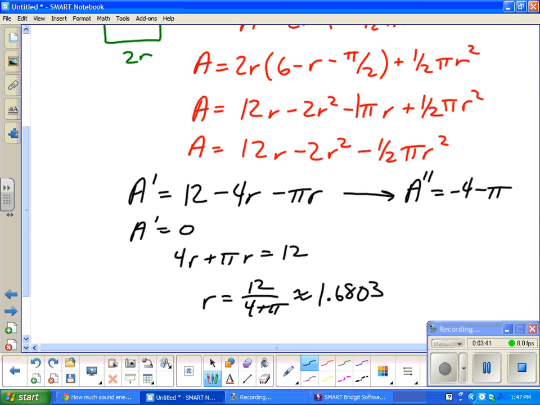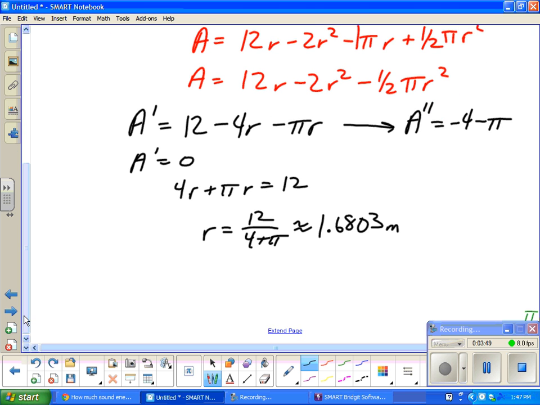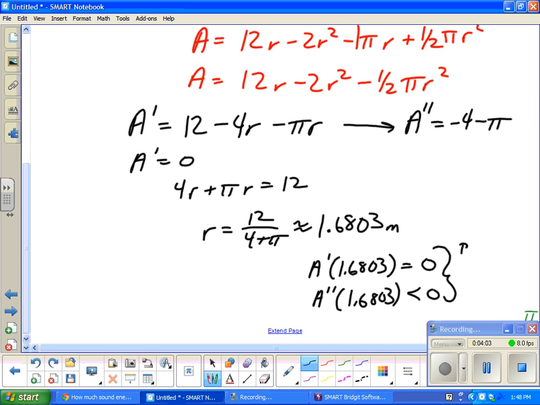And since it was in meters, this would be in meters. And this is where A prime is 0. So by the second derivative rule, A prime of 1.6803 equals 0, and A prime prime of 1.6803 is less than 0. Thus, by the second derivative rule, we know that this is a maximum.